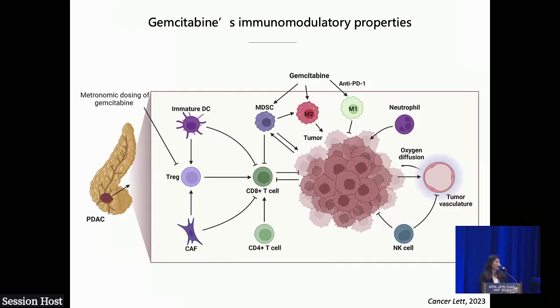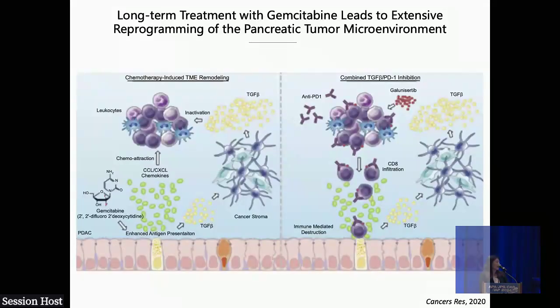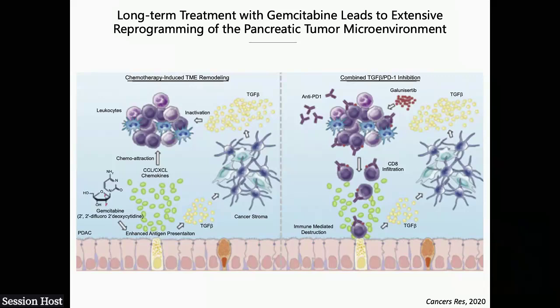But at the same time, gemcitabine can also stimulate the immune microenvironment by inhibiting Treg, decreasing the Treg population. Long-term treatment with gemcitabine may reprogram the tumor microenvironment, but gemcitabine by itself didn't change the T or B lymphocytes in the tumor tissue.